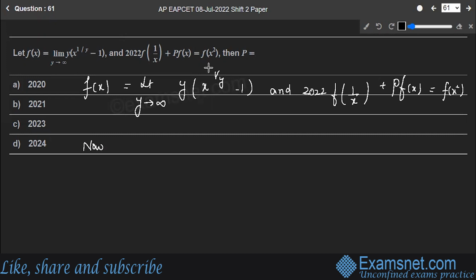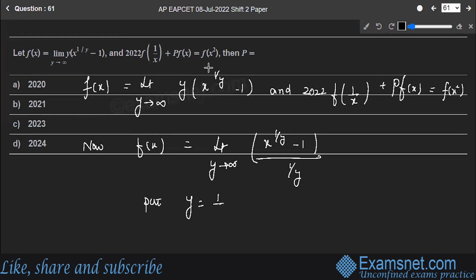Now, let's go with f(x). This is equal to limit y approaching infinity of x raised to power 1 upon y minus 1, over 1 upon y. This y now can be written as 1 upon y, right? Let's put y is equal to 1 upon t.